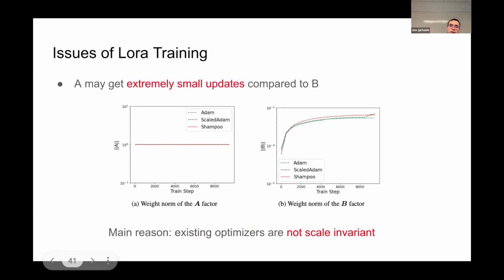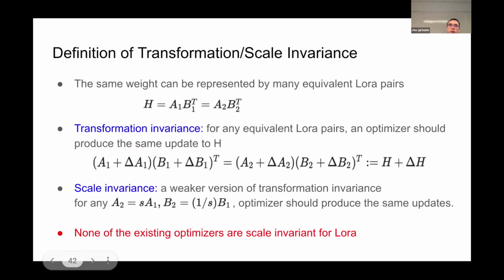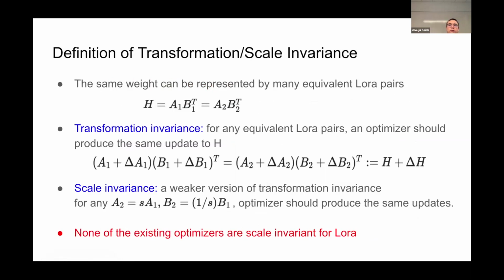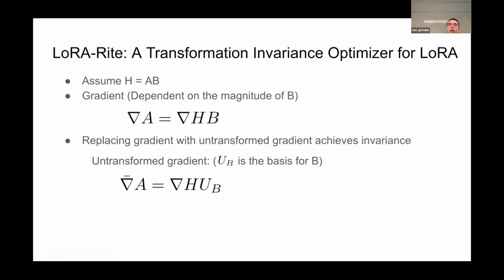And I think that's the reason you are not updating the A factor: the scale is usually incorrect, so one of the factors is getting very small updates and the other is getting bigger updates. Due to time constraints, I will not go into detail, but in general we define a notion of untransformed gradient. This is a gradient that is invariant to the transformation I mentioned here.